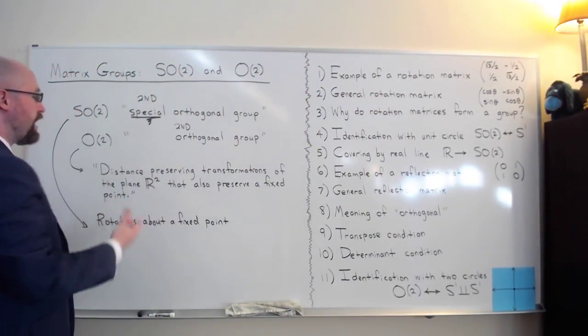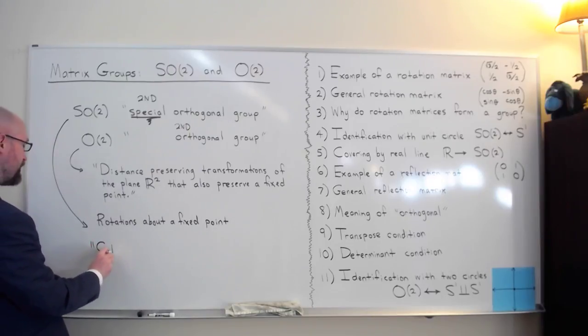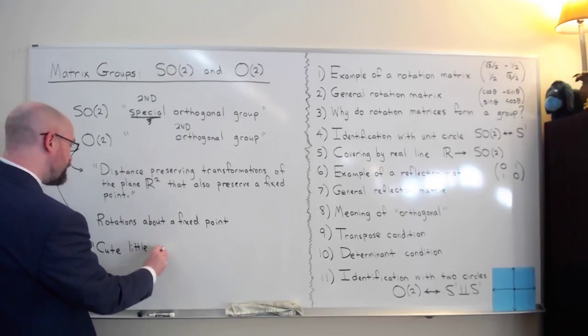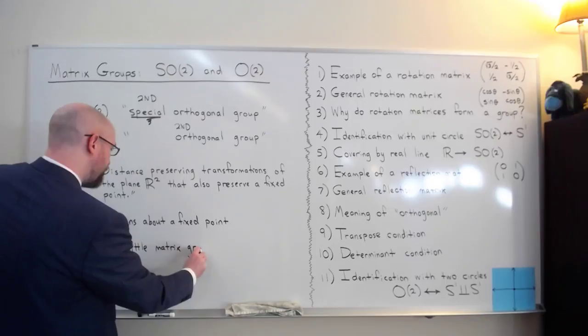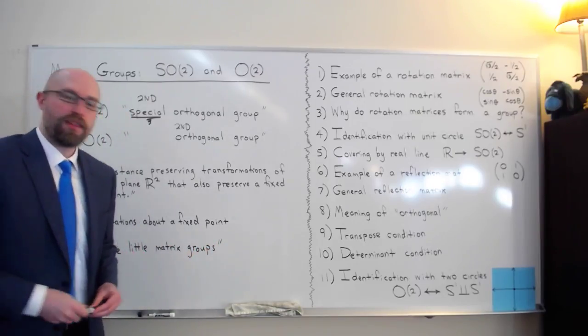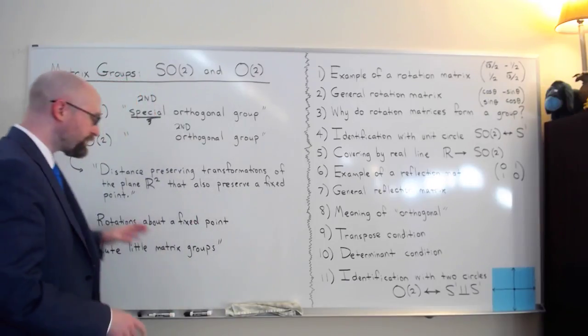You can really understand them. And so you could call these sort of like cute little matrix groups, because they're nice to you. They let you understand them in an easy way.